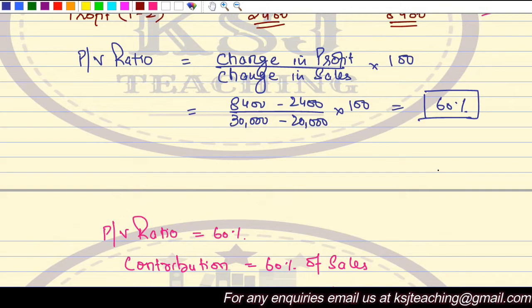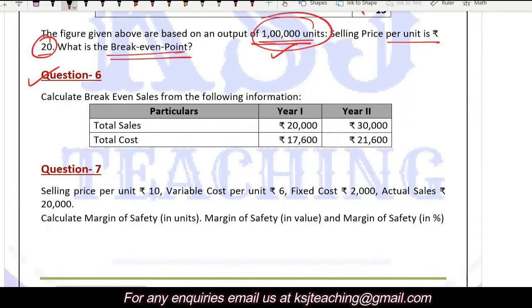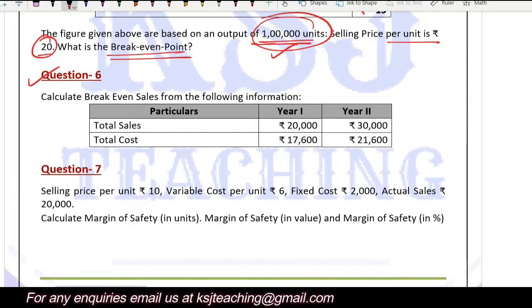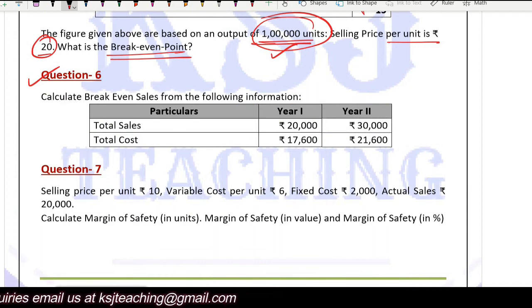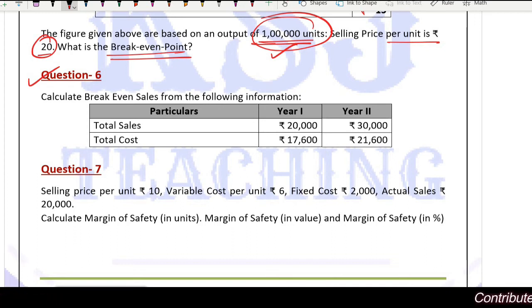See, the question seems to be a very small one. This much of a question only, but even this much of a question can create a lot of confusion, right? By the question, it seems like, oh, this much of a question, it's very easy. What is it? Nothing, right?